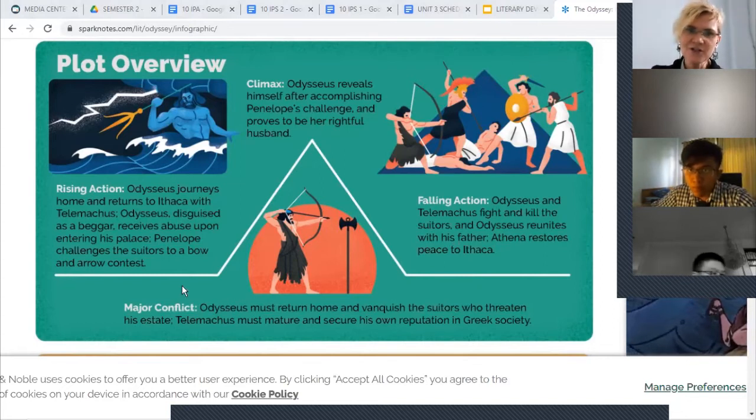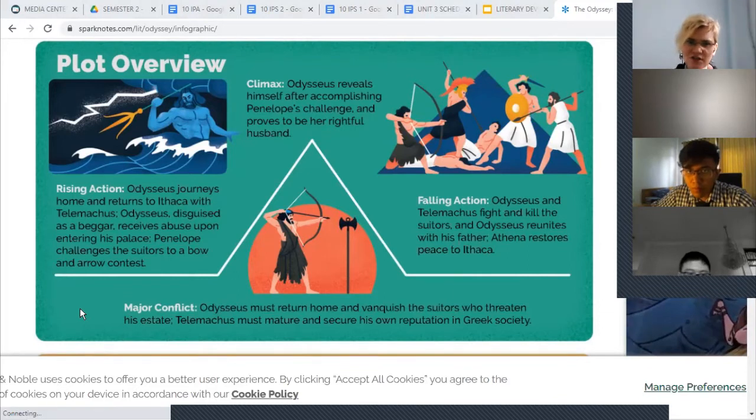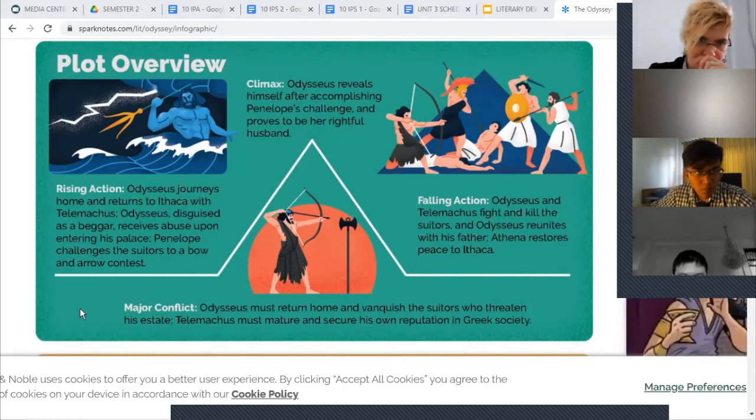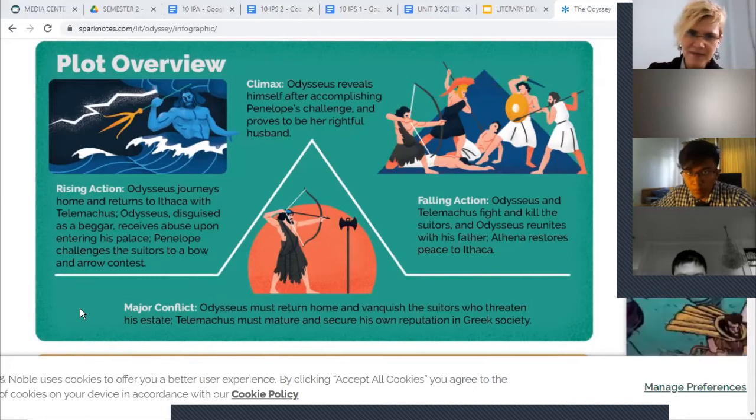Okay, so let's look at the setting, which falls under the rising action. Odysseus journeys home, returns to Ithaca with his son Telemachus. Odysseus, disguised as a beggar, receives abuse, yeah? Upon entering his palace, Penelope challenges the suitors to a bow and arrow contest.